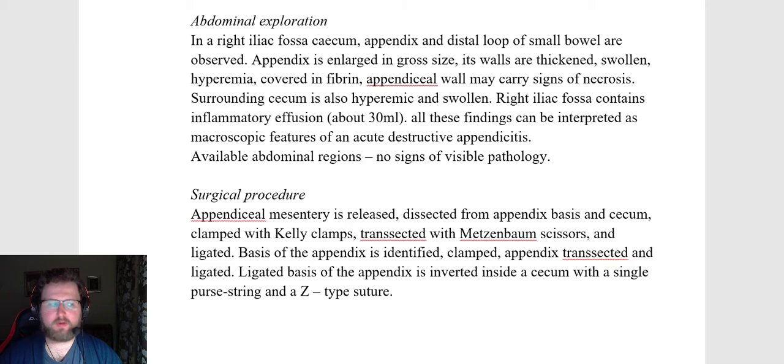You have also to note out that the specimen is extracted from the wound.